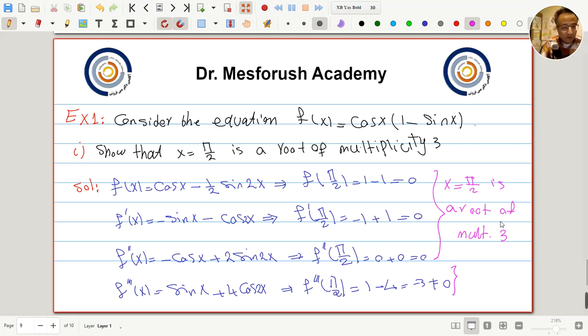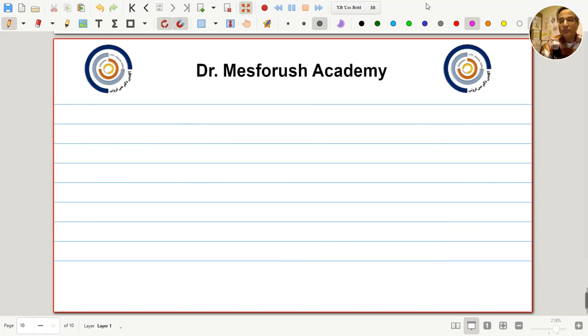But in the second part of the problem, I want to find the root x equal to pi over 2 by Newton method.